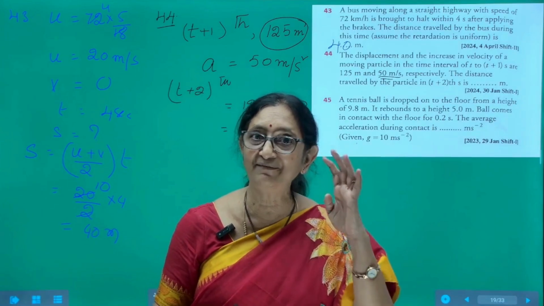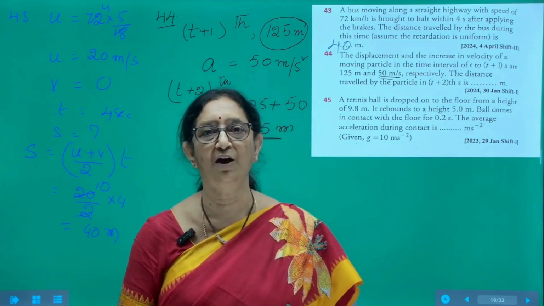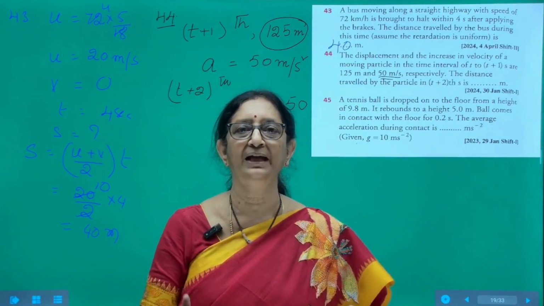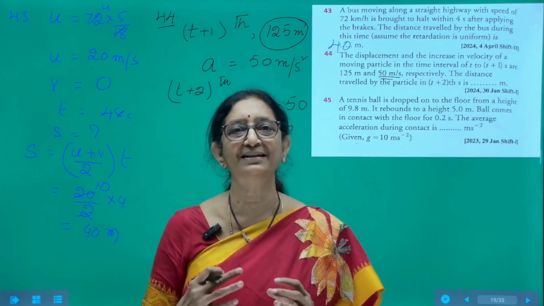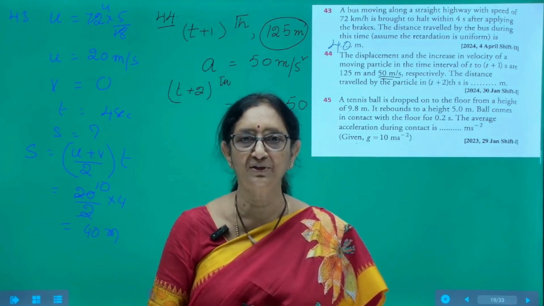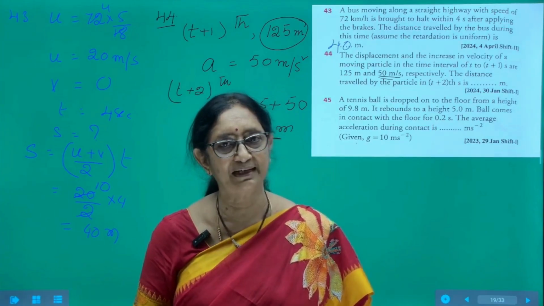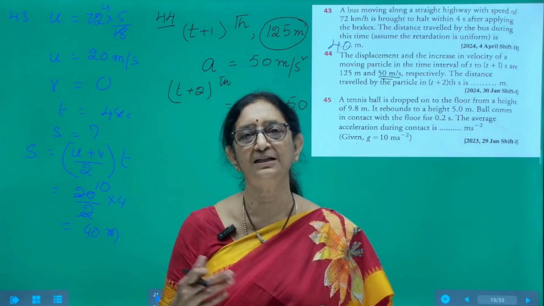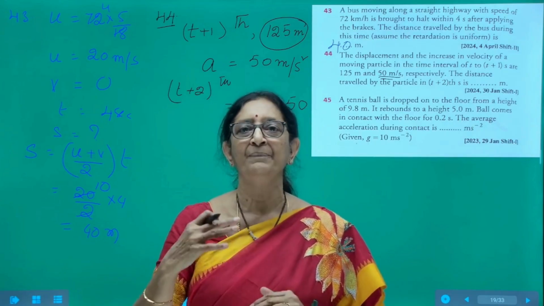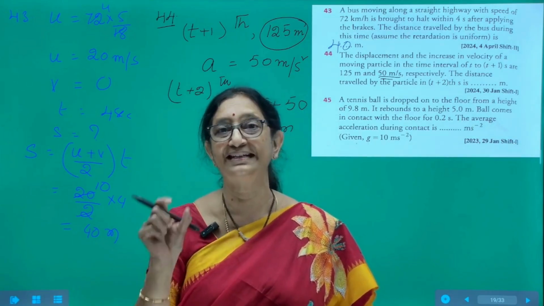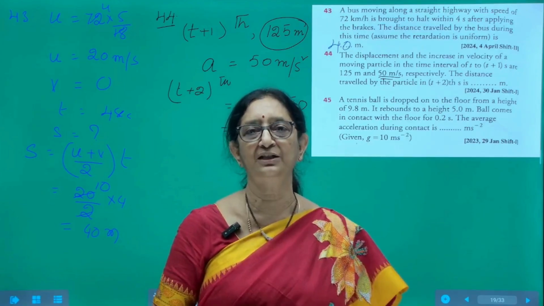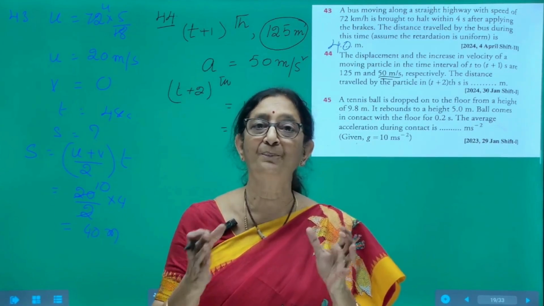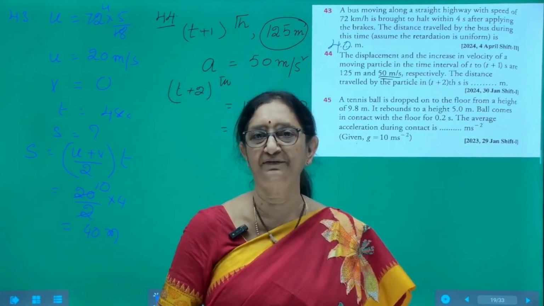But if you have that concept in your mind, a freely falling body in every second travels an additional distance equal to g compared to the previous second. Any body starting from rest moving with uniform acceleration travels an additional distance a compared to the previous second, or previous equal interval of time.